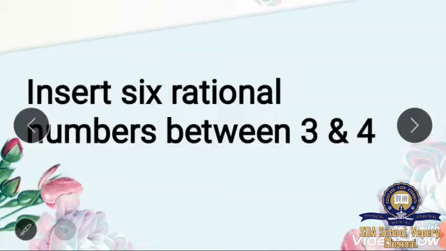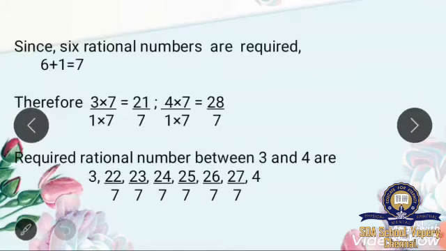Since the denominators are equal but the terms are very near, let me move on to the third step. Since 6 rational numbers are required, 6 plus 1 is equal to 7. Therefore 3 into 7 divided by 1 into 7 is equal to 21 by 7. Likewise, 4 into 7 divided by 1 into 7 is equal to 28 by 7.